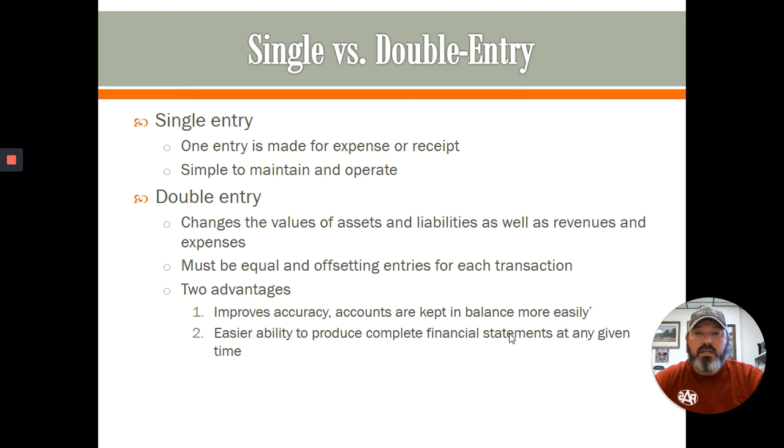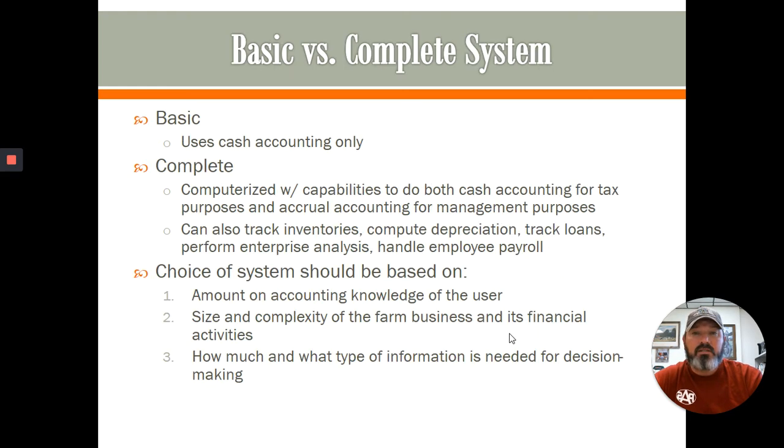Instead of a double entry where there's offsetting places for those receipts or expenses. In a double entry, though, the advantages are it really gives you a much more accurate picture, and keeps the accounts in balance a little bit more easily. And when we talk about completing a financial statement, it's a lot easier to do whenever you have a double entry accounting system.